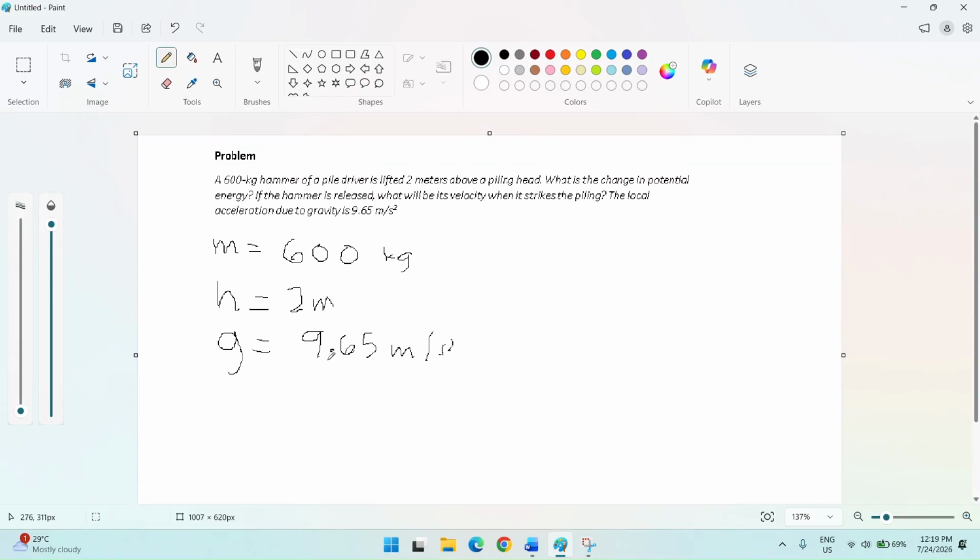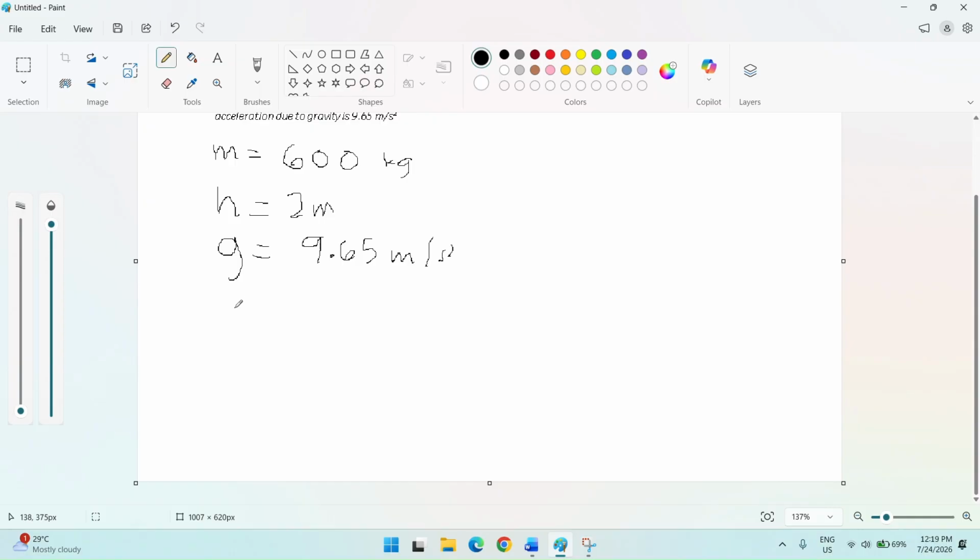So first, let's find the potential energy. We know that the formula for potential energy is PE equals mgh. So we're just gonna plug in the values.